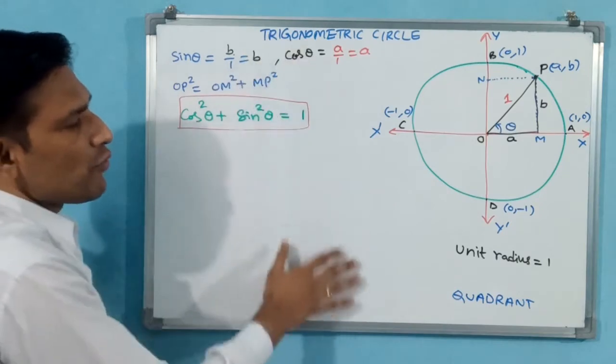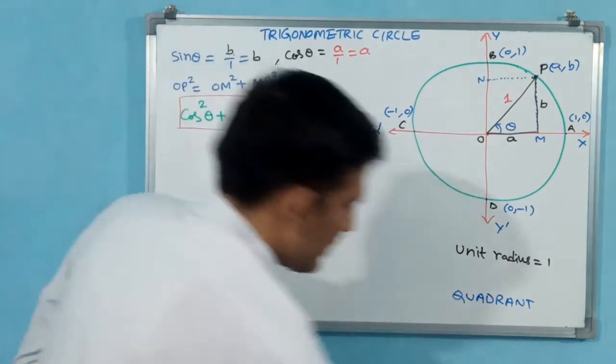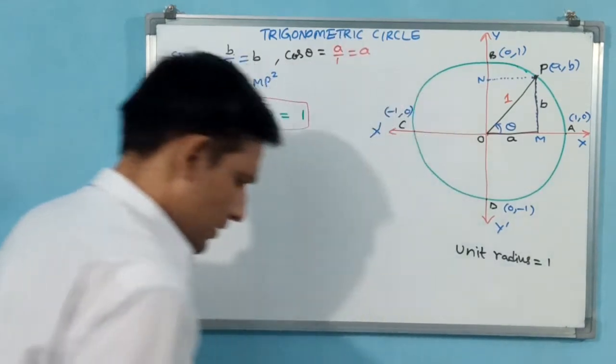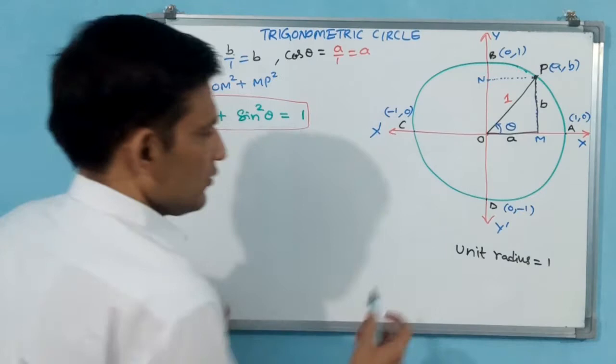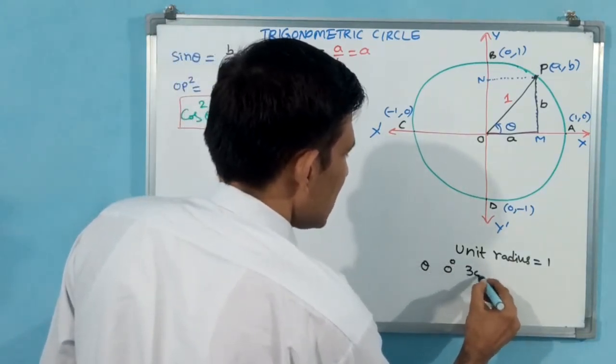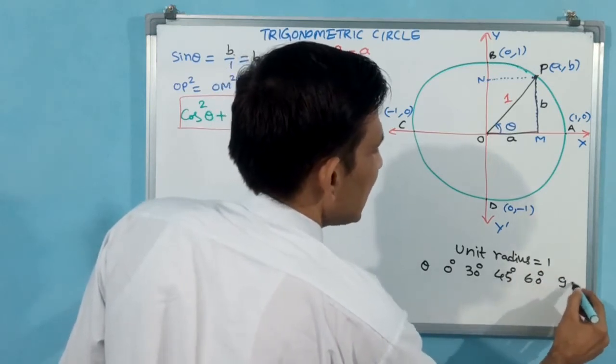What I am going to do is derive those results, how they have come. I am going to write here again those results. Theta: 0 degree, 30 degree, 45 degree, 60 degree, 90 degree.